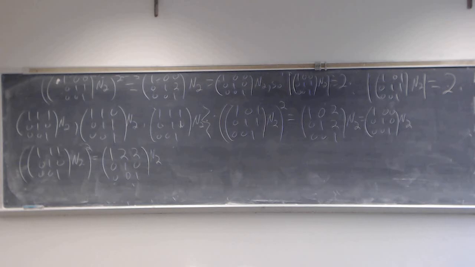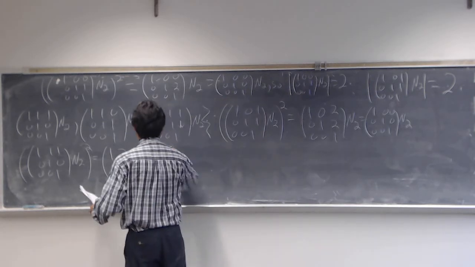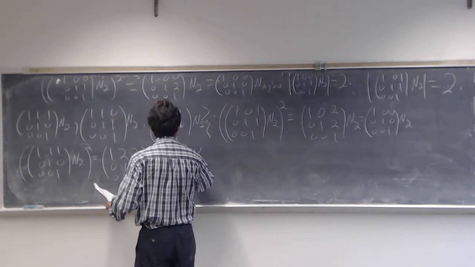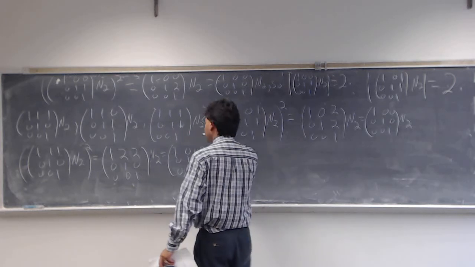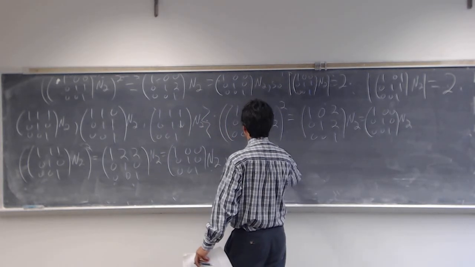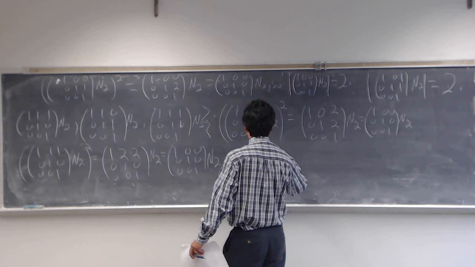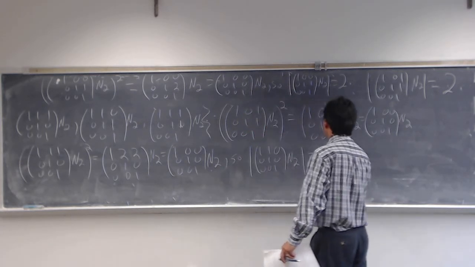And that again, both of these are divisible by 2, so that is the identity element of our factor group. And so I can conclude that the order of this element is also 2.